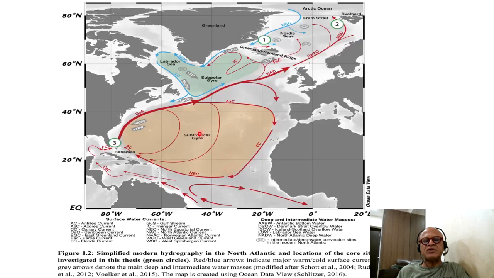It has these multiple recycling systems creating the subtropical gyre, the Antilles current here, North Equatorial current, the coastal current here, the Canary current, and the Gulf Stream peels off from the coast and goes off into the North Atlantic, becomes the North Atlantic current, and then Northwest Atlantic current, the Western Boundary current, I forgot the name here, you can look it up, and Labrador current here, East Greenland current, and so on.